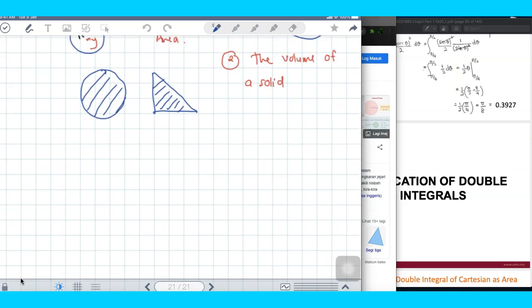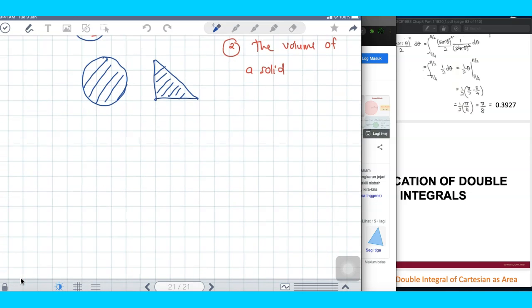Maybe your region is something like we have done before this, where the region is bounded by the circle and y equal to x.